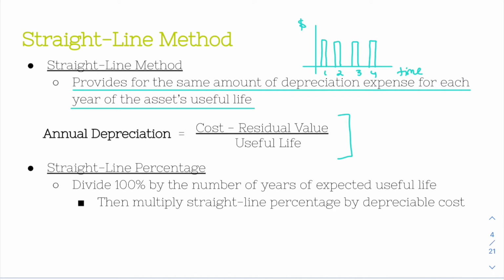You can also calculate it using what's called the straight line percentage, and we'll use this in a later method, but the straight line percentage is 100% divided by the number of years of expected useful life. And then once you get the straight line percentage, you would multiply it by the depreciable cost. Both of these would give you the same answer for the straight line method, so it's up to you. I can show you both ways in the example problem below.